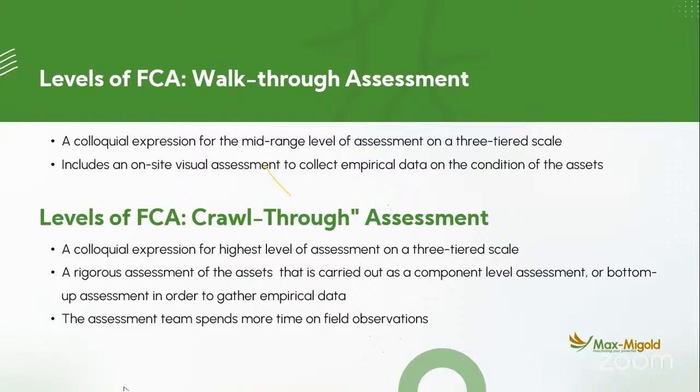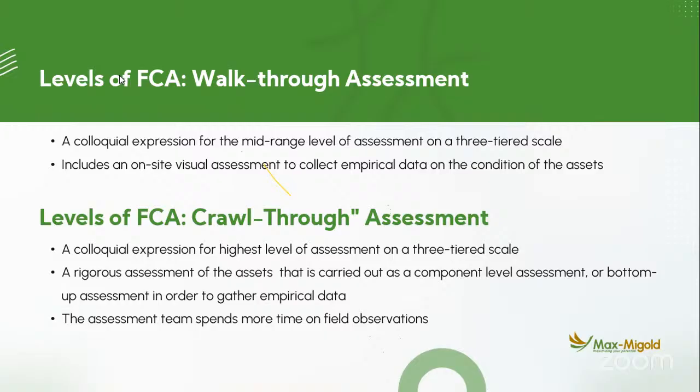But the crawl-through is the highest among all the 3-tier levels of assessment. It is a rigorous assessment of the asset that is carried out as a component level assessment.